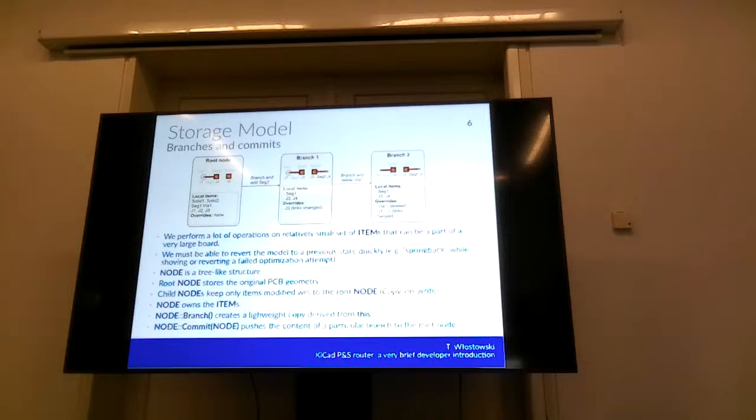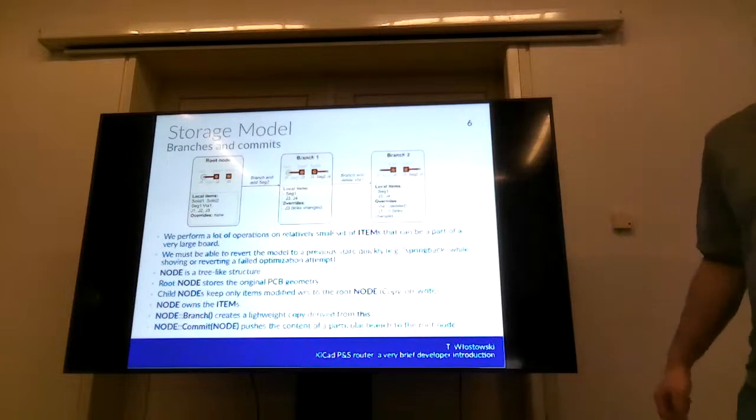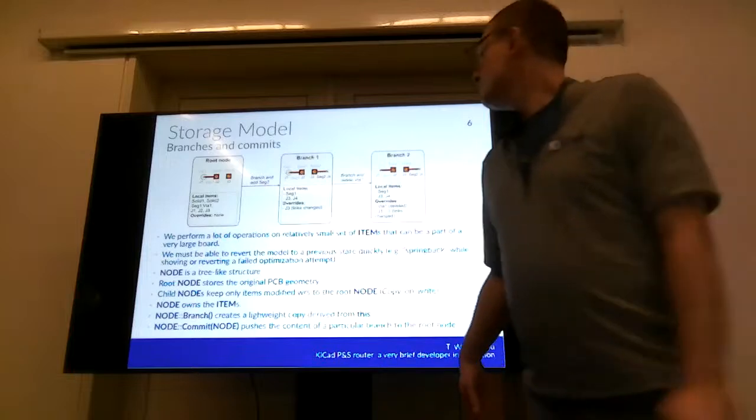And we must have some sort of revert mechanism in case the algorithm has failed, either at computing the shoved traces or failing at the optimization, or cleanup. So there is a concept in the node of branches, which is a lightweight copy-on-write mechanism.